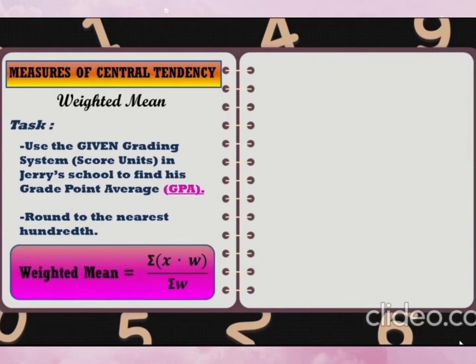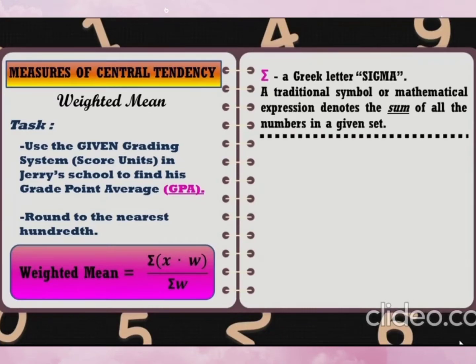For us to easily comprehend this formula, let's define the meaning or terminologies of each symbol or mathematical expression. First, we have this symbol, which is the Greek letter sigma, a traditional mathematical symbol which means summation of multiple terms, or the sum of all given numbers in a set.